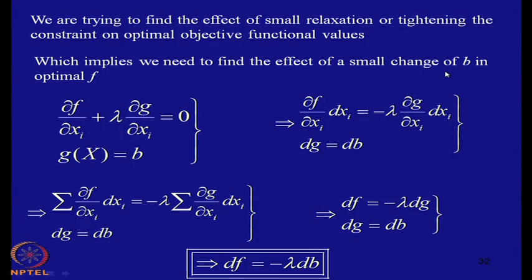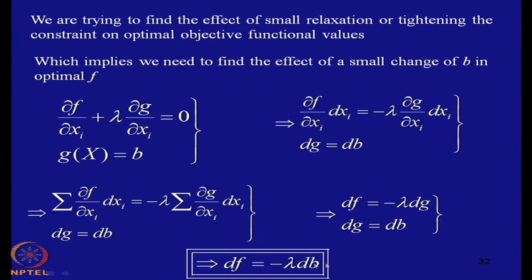Constraints are the available resources, like availability of manpower, availability of raw material, the capacity or the budget constraints. Now, whenever we are relaxing or changing the value of B, we are relaxing or tightening the feasible region.